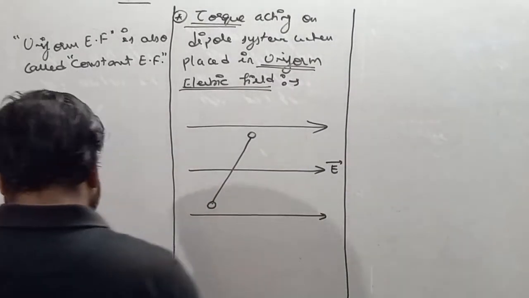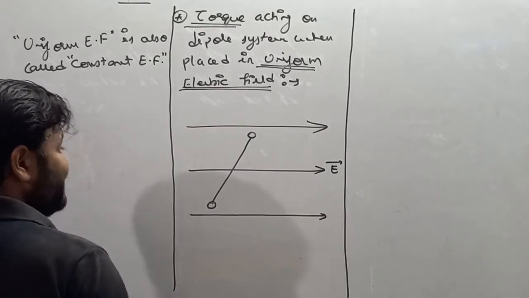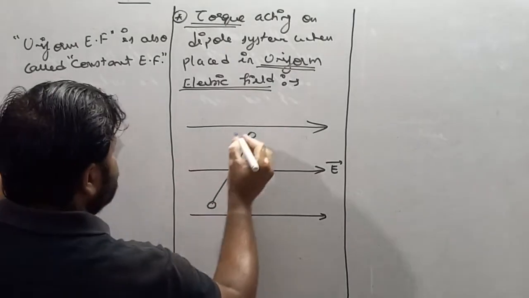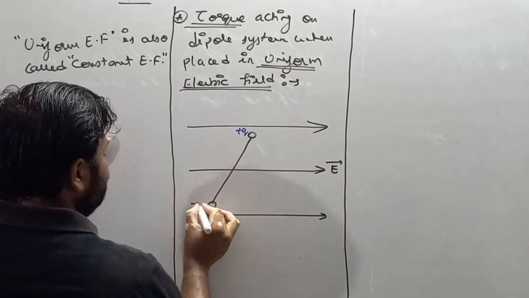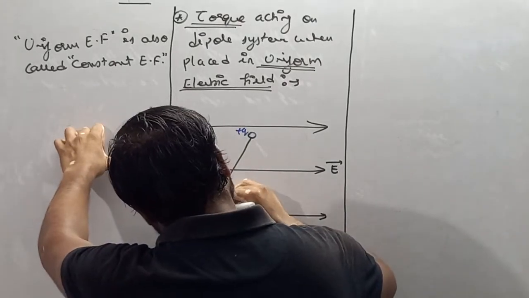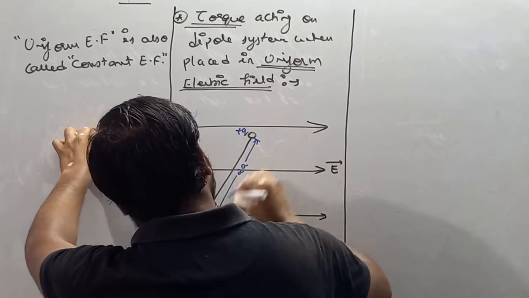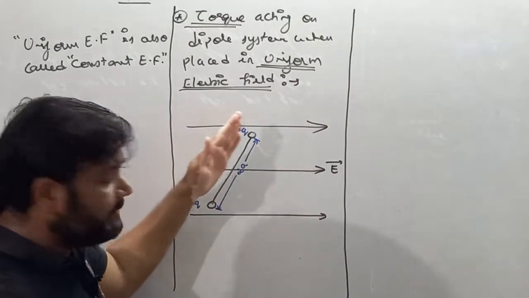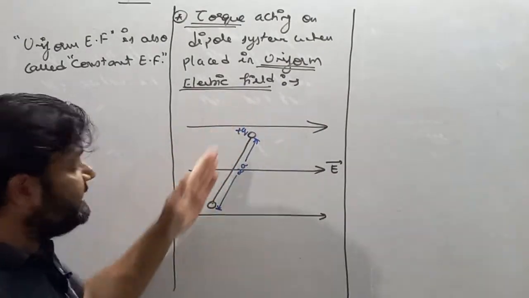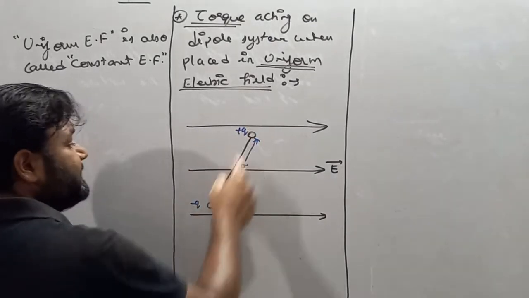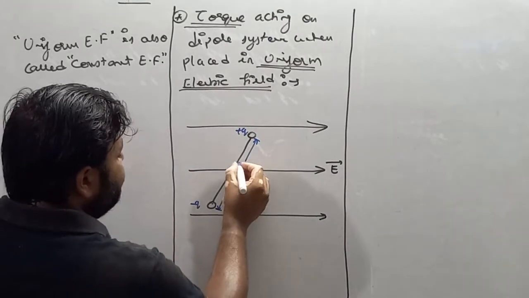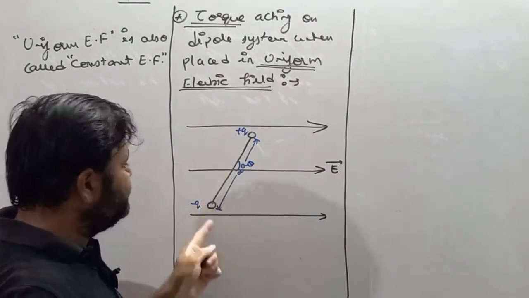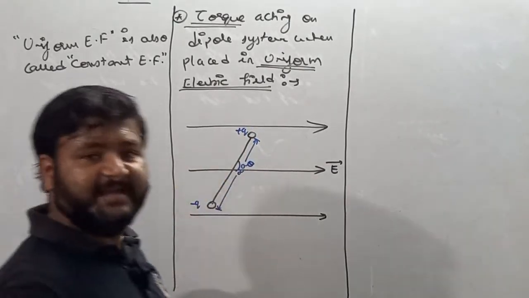The dipole system carries plus q charge and minus q charge separated by a very small distance 2a. Now see, in this topic we'll place the dipole system in a tilted way. You are seeing here this dipole system is making some angle, let's suppose theta, with this electric field.